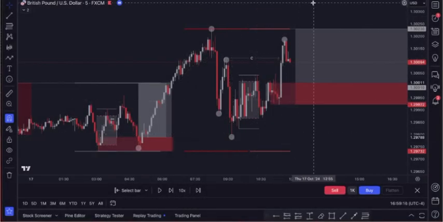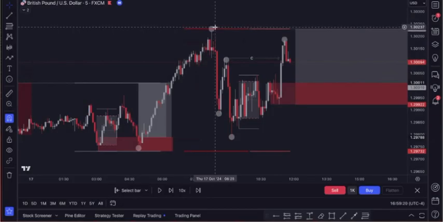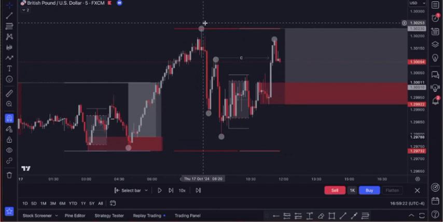That's what we're expecting price to print. So when it comes to TP setting, we're simply targeting the highest high as we're expecting price to breach that point.